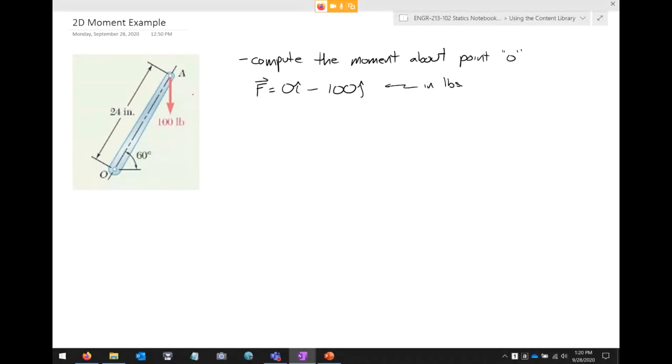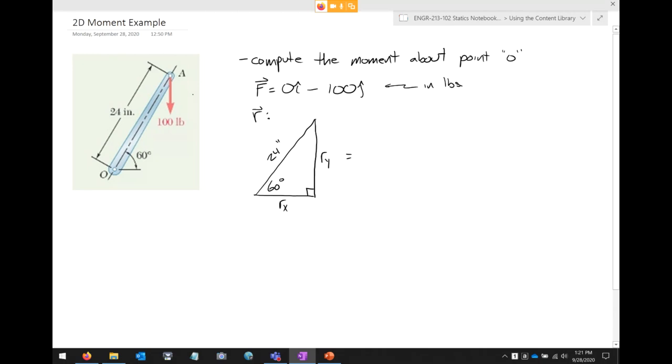Now, what about the r vector? Well, the r vector is going to take a little bit of doing because I have to look at this triangle here. So this is 60 degrees, and I know that this is 24 inches. What I need to determine is Rx and Ry.